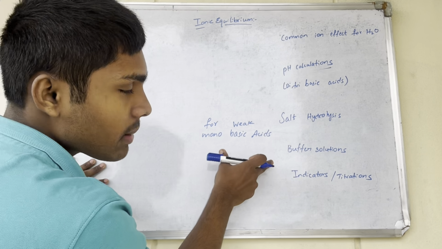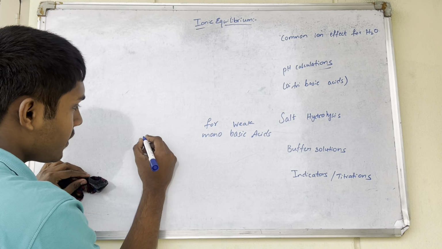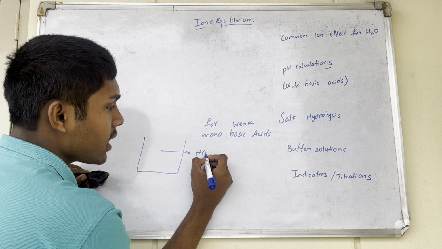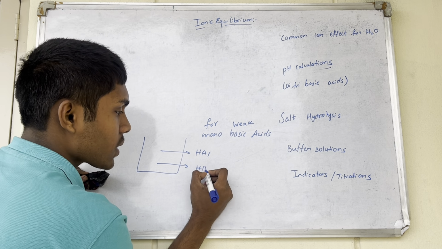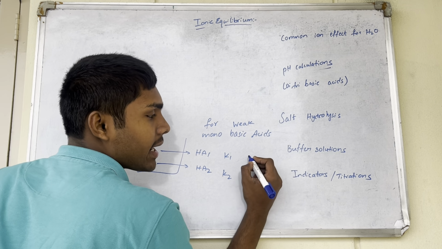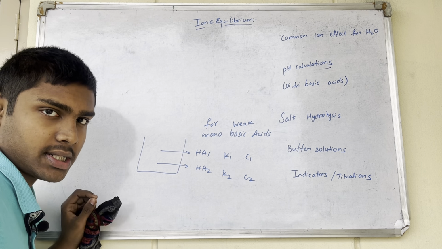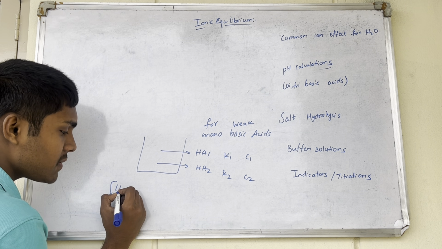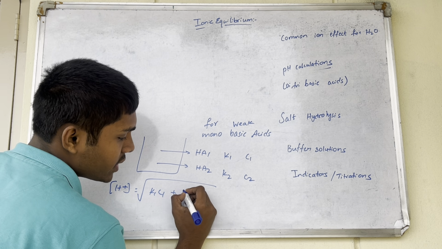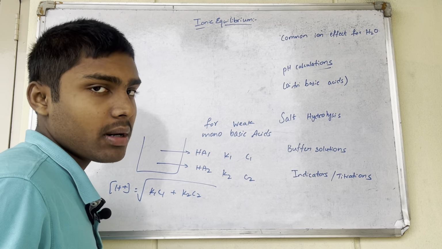So guys, for weak monobasic acids, if you have a solution with one acid HA1 and another acid HA2, with K1, K2 as their dissociation constants, and let C1, C2 be their initial concentrations, then you can directly find the H plus concentration from this formula, which is root over K1 C1 plus K2 C2. Better to remember.